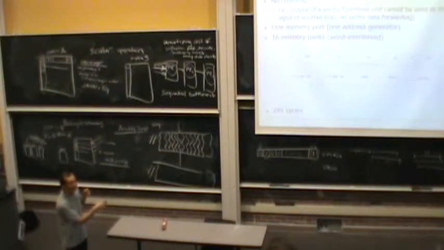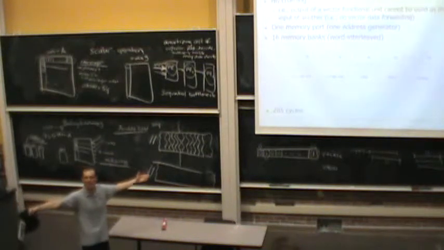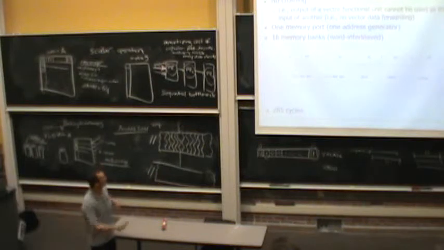We've already fetched the first element of vector 0 at the end of the 11th cycle here, and we fetched the first element of vector 1 right here. We don't need to wait for the entire vector to come to start the first addition of the first elements. So all we need to do is to supply this to the add functional unit. That way we can start the add right here.